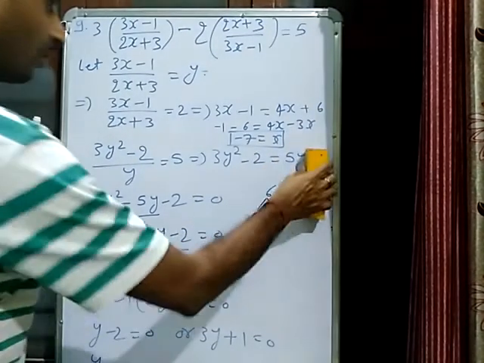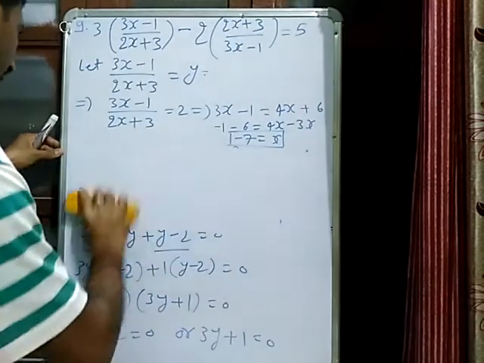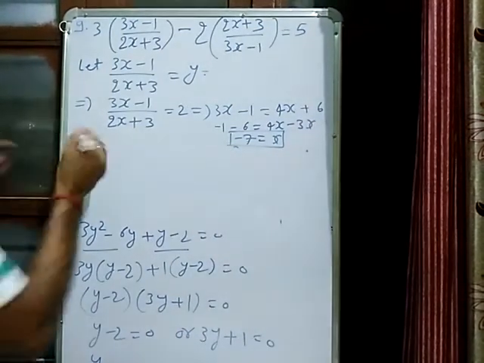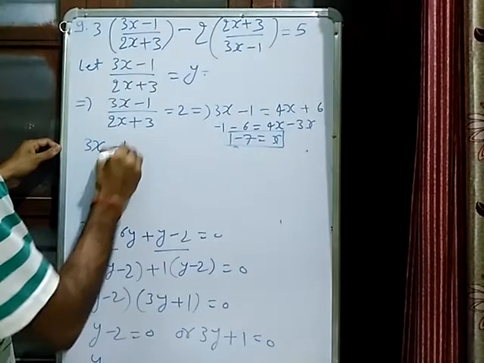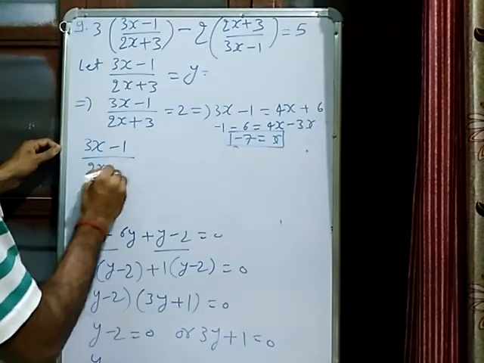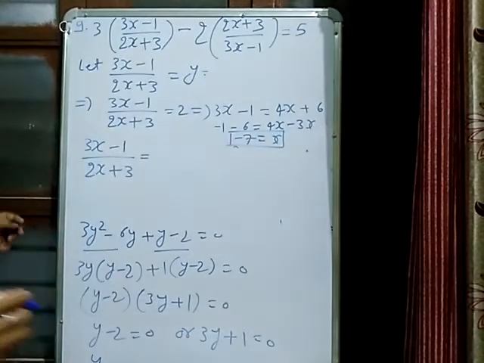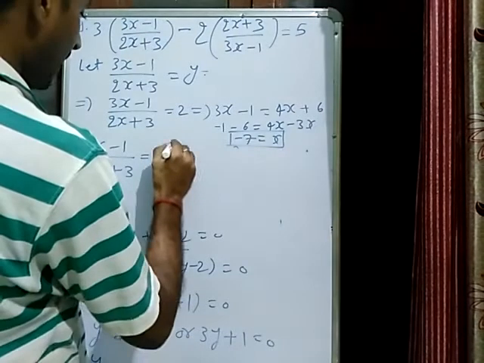And to find out the second root, we put the second value of y. 3x minus 1 upon 2x plus 3 is equal to y, and y is -1/3.